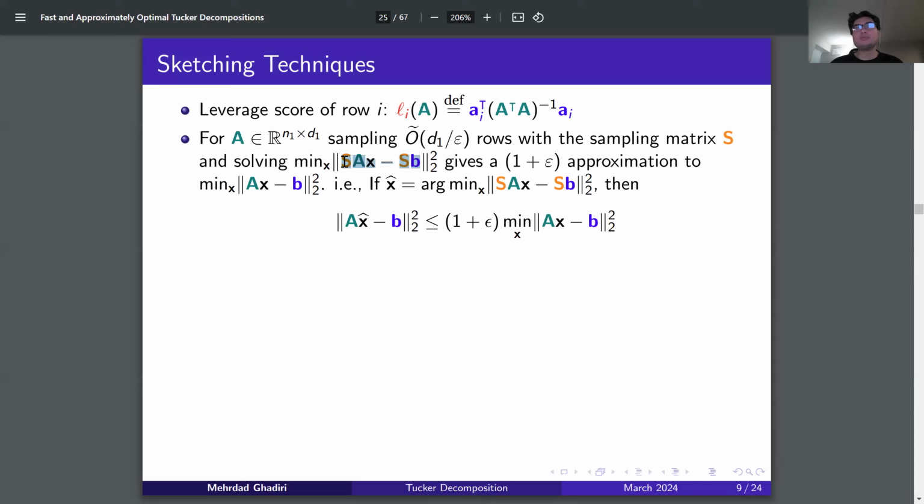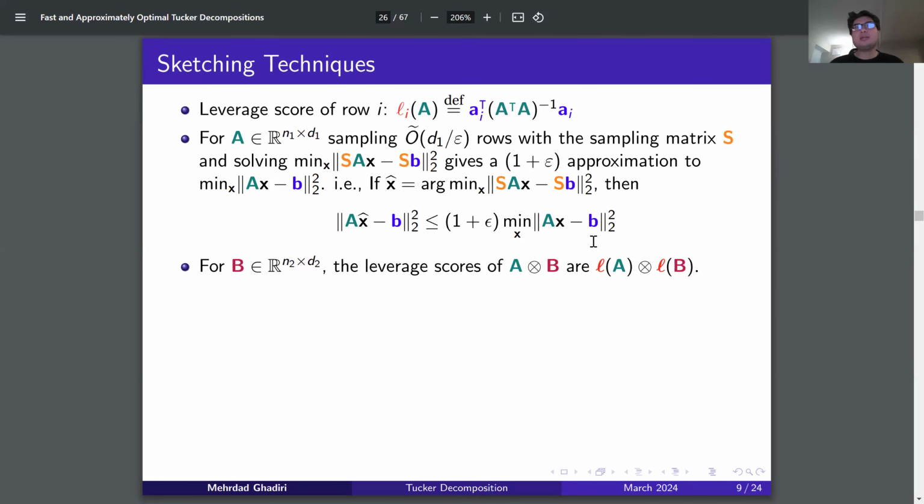The original number of rows was n, but now it is d over epsilon. So this could be a much smaller number of rows. And then this would give me a 1 plus epsilon approximation to the linear regression problem. So what do I mean by that? If x hat is the solution to this, then the norm of A x hat minus b is less than or equal to 1 plus epsilon times the optimal. Okay. Any questions here? Okay.